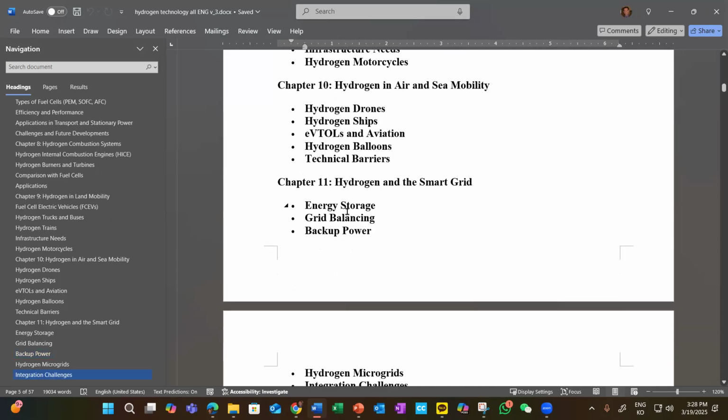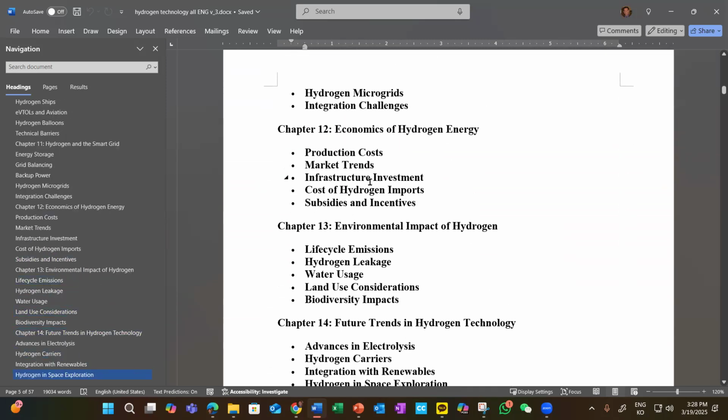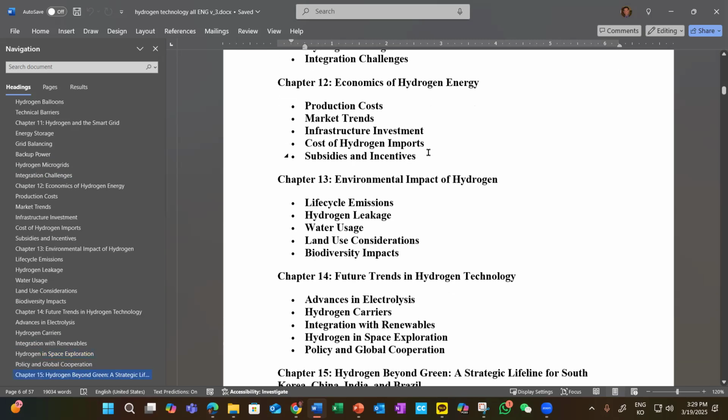And chapter 11, hydrogen and smart grid, again, the concept of the grid and the economics of hydrogen energy. Energy is, I would say, one of the things most affecting the economics of any country. So the economics related to hydrogen is important.